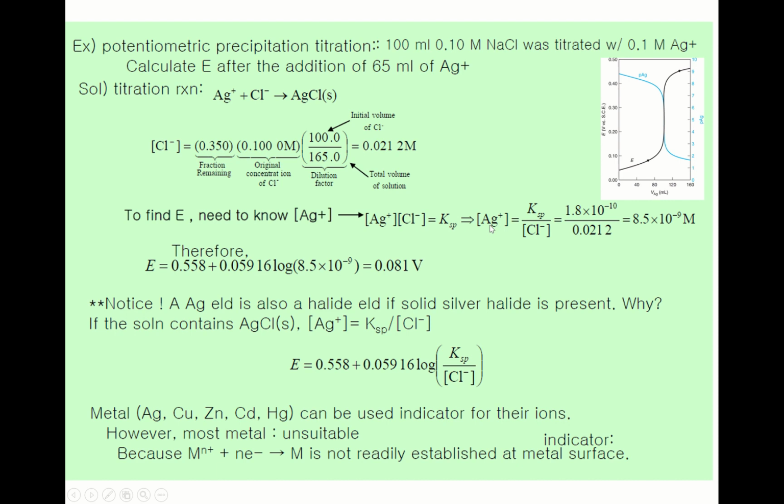So silver ion concentration is KSP divided by the chloride ion concentration, and we get 8.5 times 10 to the minus 9 molar. This is the silver ion concentration. So for the electrode potential, you now substitute this silver ion concentration here, and then you get 0.081 volt. This is the answer.